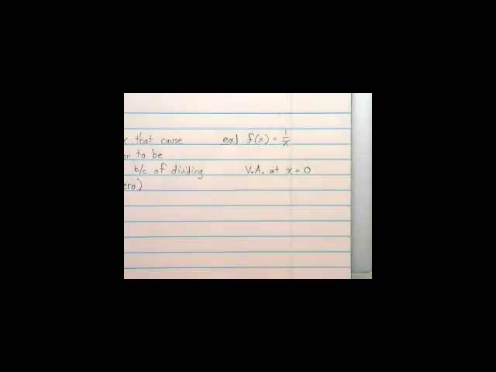So this has a vertical asymptote at x equals 0. Okay, so if you're given a function, you're asked to identify all of the vertical asymptotes. That's what you're going to be doing. It's just thinking about looking at the equation and what numbers, if I plug them in, are going to make it divide by 0.